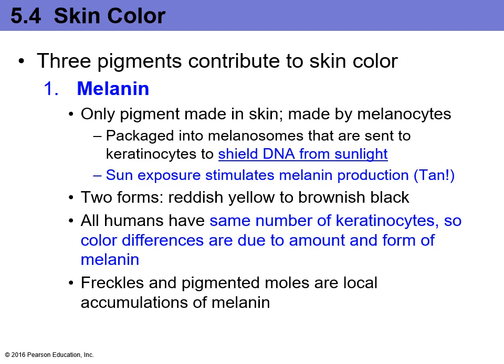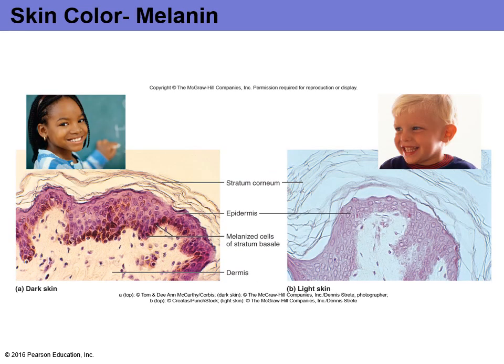So here is a histology slide, where we're taking a look at someone with dark skin versus light skin. When we look at the dark skin versus the light skin, the first thing we should see is that the epidermis is a brighter or darker stained, whereas with the light-skinned individual, it's more faded in its appearance.